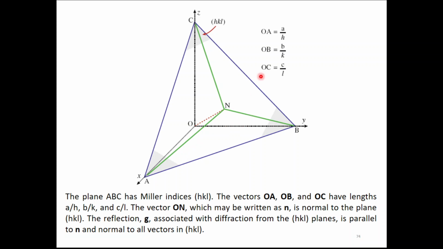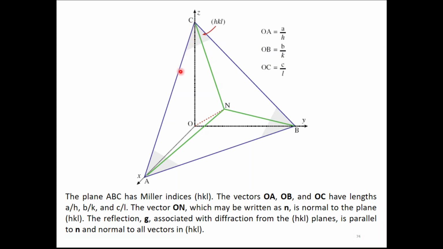So this is a diagram showing this idea to you in another way. This is an HKL plane like the one shown in here, it's arrowed. OA gives you its H index, OB is its K index, and OC gives you the corresponding L index.